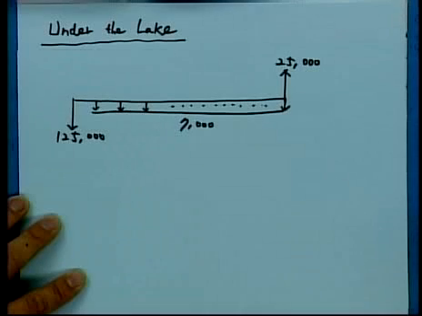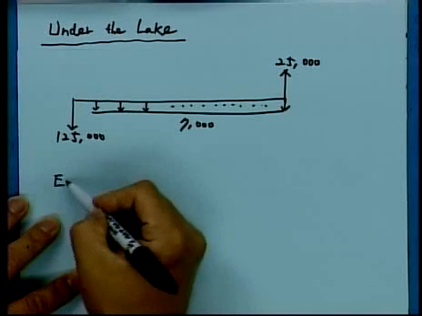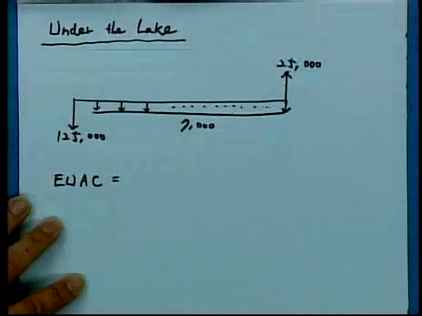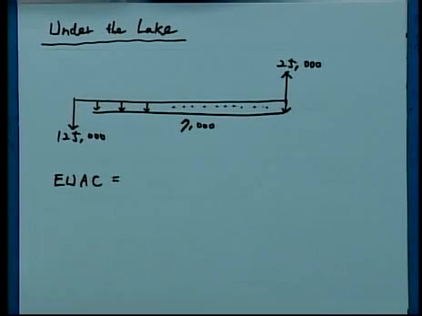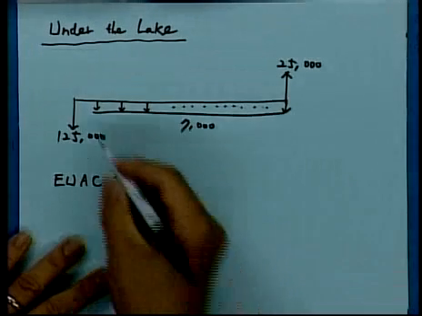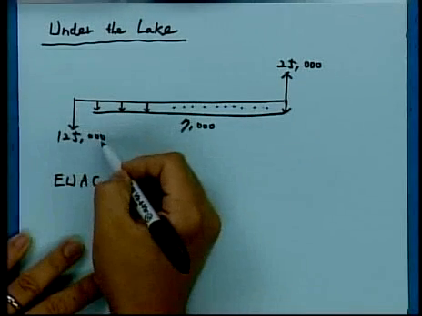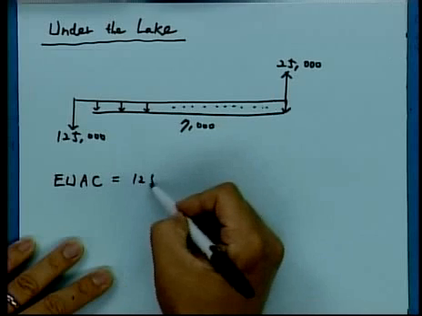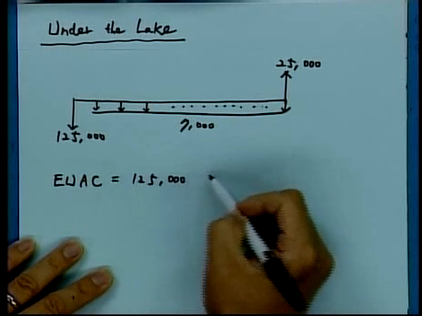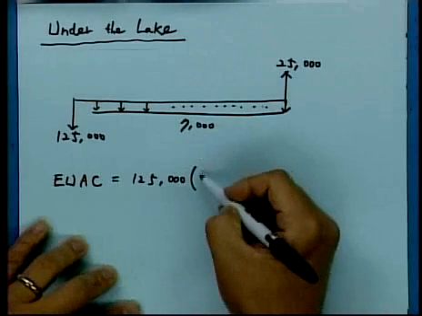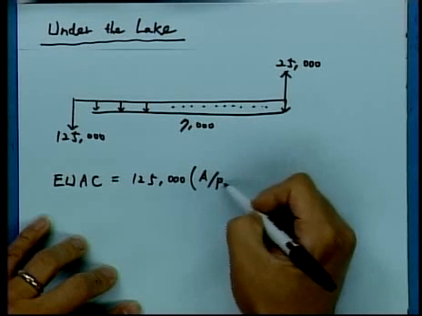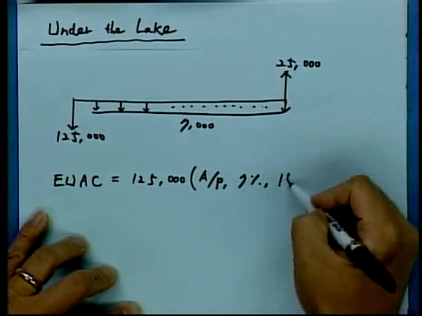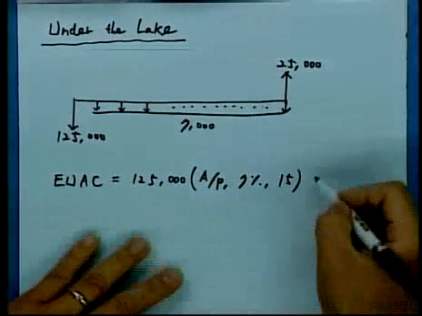So we can compute the equivalent uniform annual cost for this case. First, the first cost, $125,000, should be converted to the equivalent uniform annual cost. So you need to multiply by A given P, 7% over 15 years.